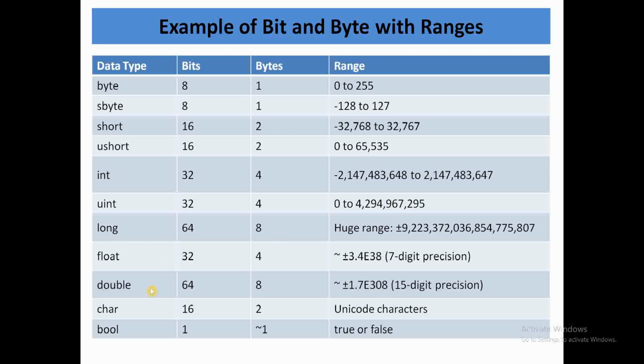Next one is the double data type, which contains 8 bytes, considered 64 bits, and this is the range we have, and it can have 15 digits of precision. Next one is char. Char values have 2 bytes along with 16 bits, where it is a Unicode character. For a Boolean value we can store only 2 values, true or false.